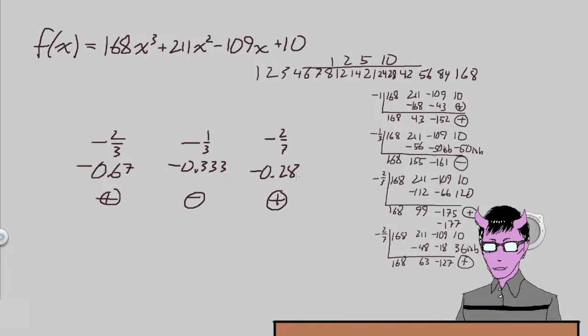Alright. So we have two zones to check. So which one shall we check? I think I'm biased towards this side for reasons, right? So what number is between negative 1/3 and negative 2/7? Negative 2/8. No, that's not right, because that's negative 0.25.